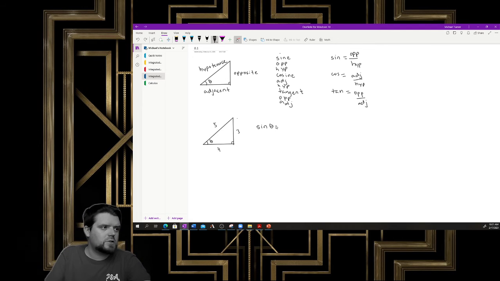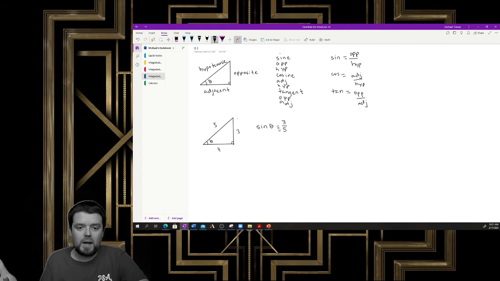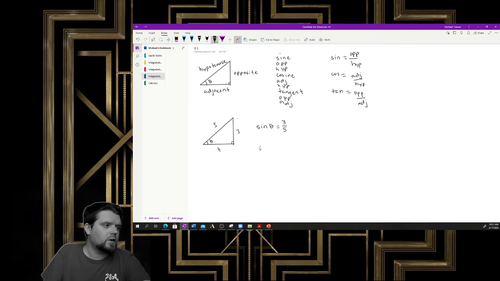So the sine of that angle would be 3 over 5. And that's all you have to do for this assignment. Just fill in the numbers looking at the diagram. Cosine is defined as adjacent over hypotenuse. So, in this example, adjacent is 4, hypotenuse is 5, and cosine is 4 over 5.